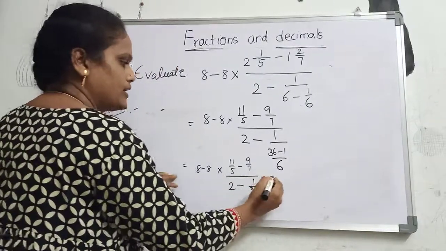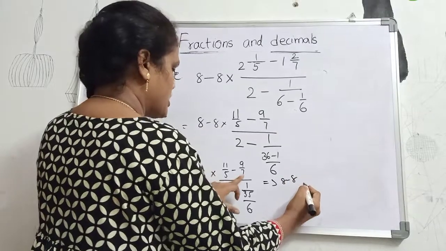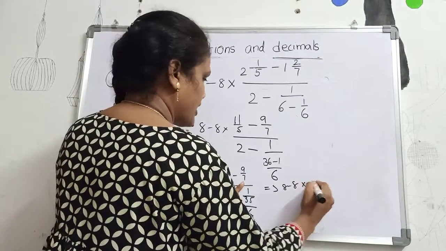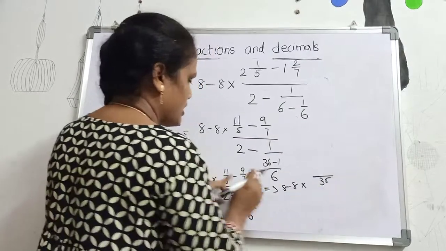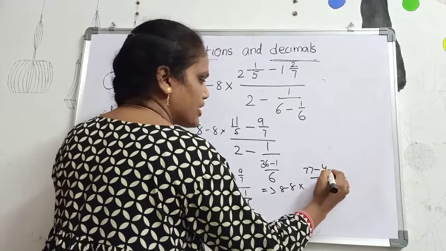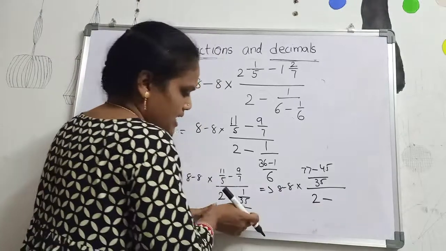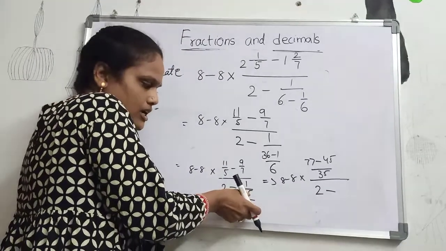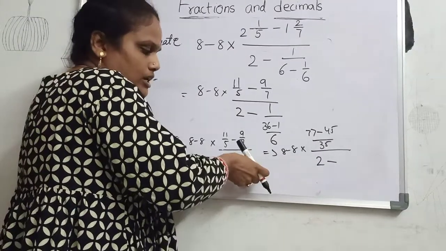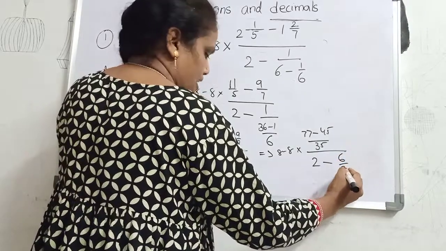Here 8 minus 8, here also we take the LCM. 7 5s are 35. 11 7s are 77 minus 9 5s are 45. Cross multiplication I am doing here. Then 2 minus, this is converted into the numerator, so it will be a reciprocal: 36 by 6 converts to 6 by 35.